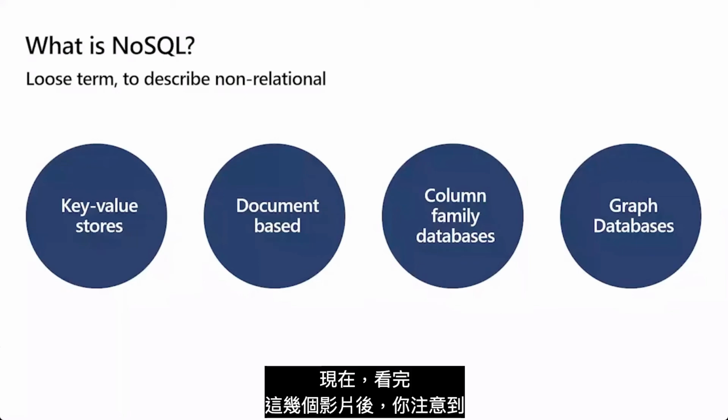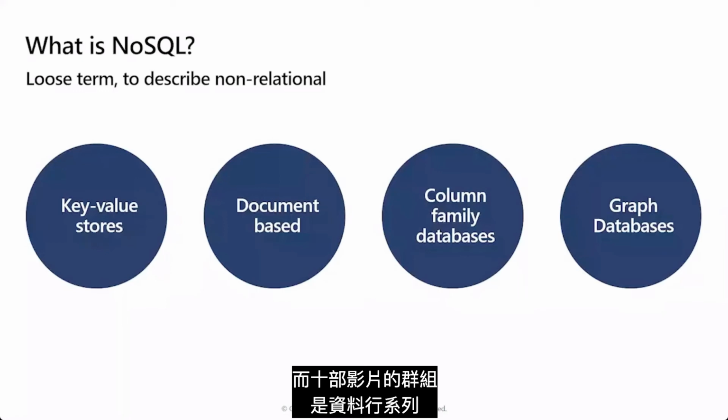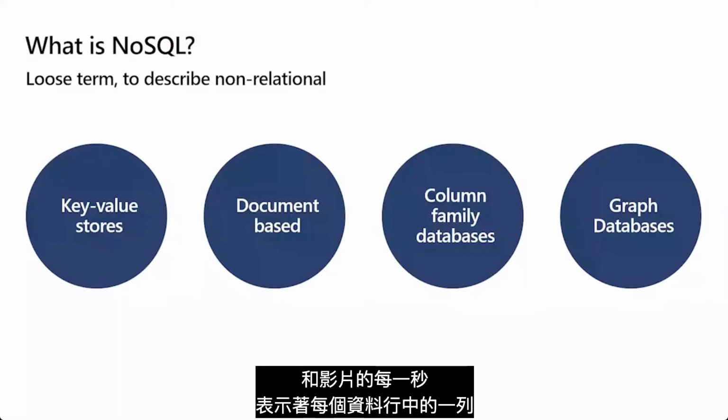Now, after watching a couple of these videos, you notice that I've hidden the secret letter at exactly the 4-minute mark for every single video, which means if you go to the 4-minute mark for every one of these videos, you'll be able to find the secret letter and in turn, the secret word. Now, in this analogy for a column family database, the video is essentially the column, the group of 10 videos is the column family, and each second of the video represents a row in each of the columns.